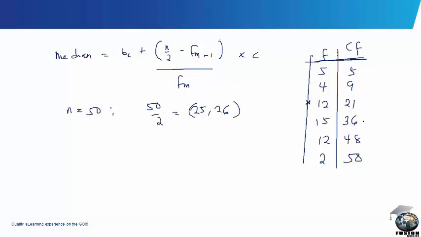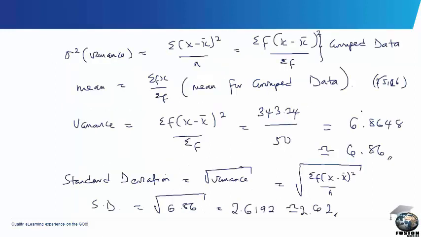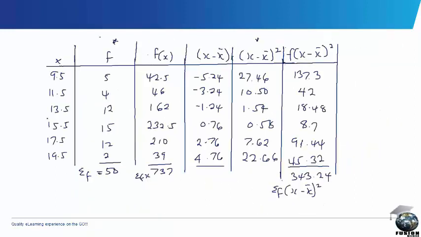So the median class will surely be at the point where we have 36, because from 21 to 36 it must contain the 25th number and the 26th number. So we take 36 as the median class, the class with the frequency of 15, and we denote this as our median class.